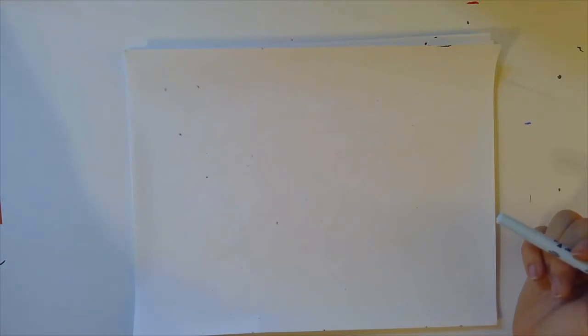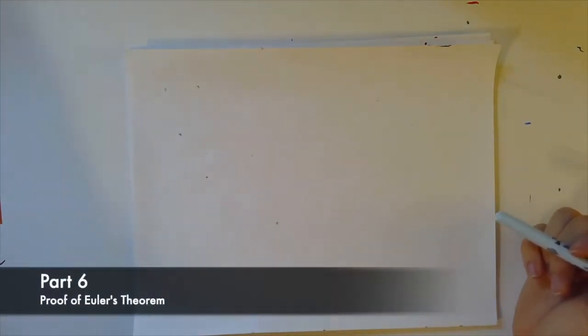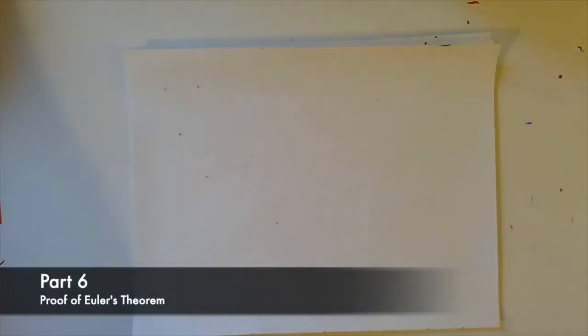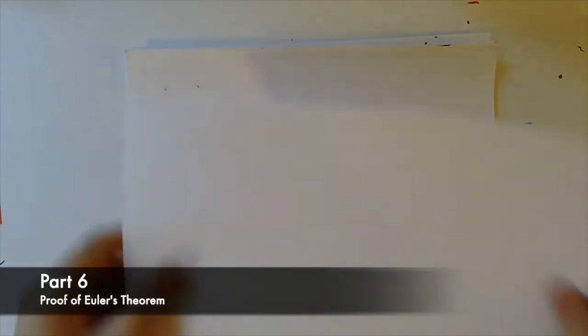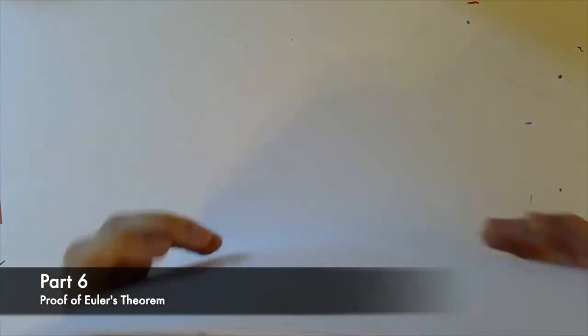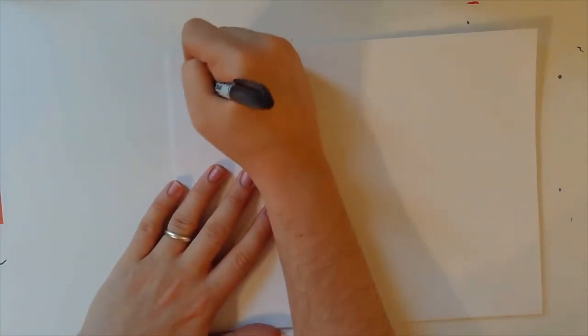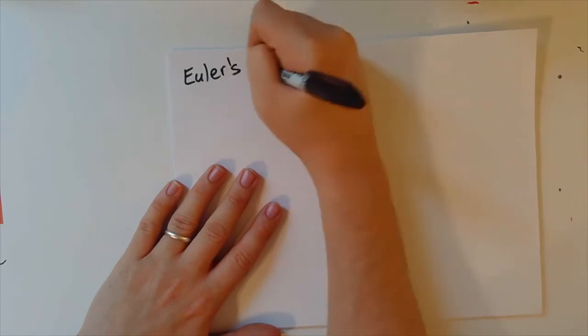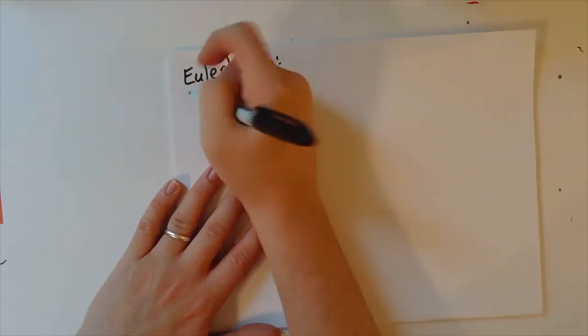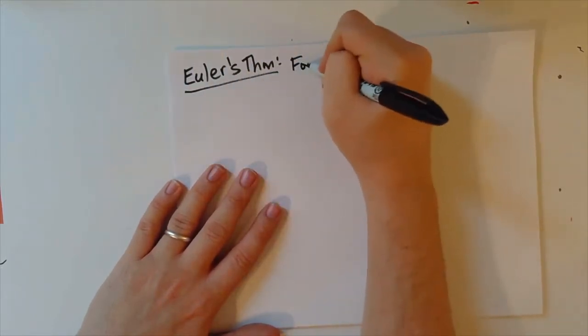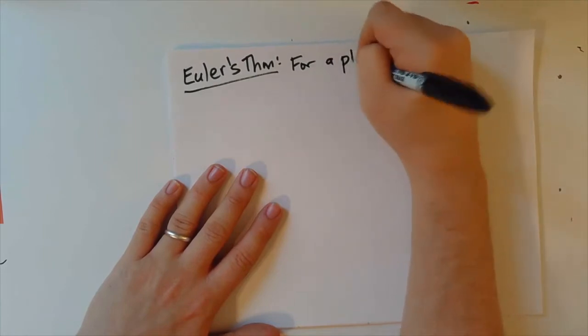Okay. And the last bit in our discussion on planar graphs is going to be to prove Euler's theorem, or at least say how one would prove Euler's theorem. Okay, so Euler's theorem, again, to remind you, says this.